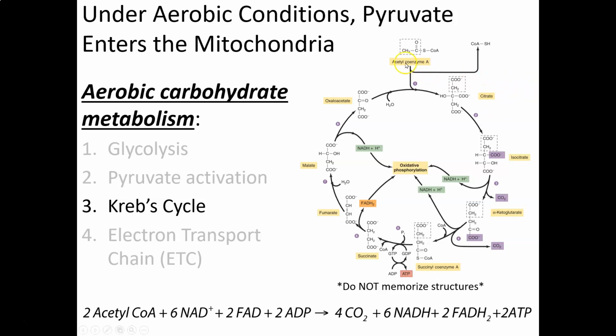So we take this 2-carbon acetyl coenzyme A and oxaloacetate, which is 4 carbons, and we form the citrate molecule, or citric acid. So that's why this is called the citric acid cycle, because the first intermediate we form is called citric acid.